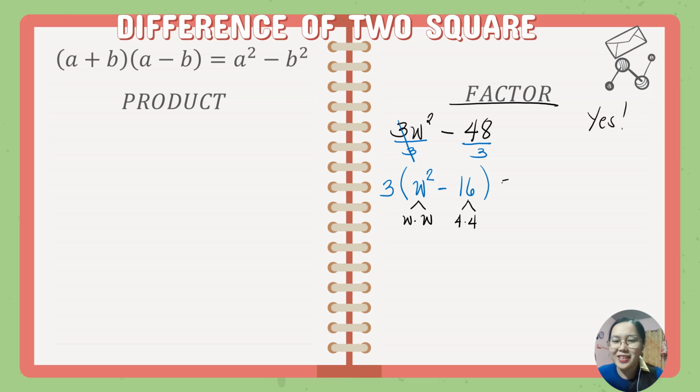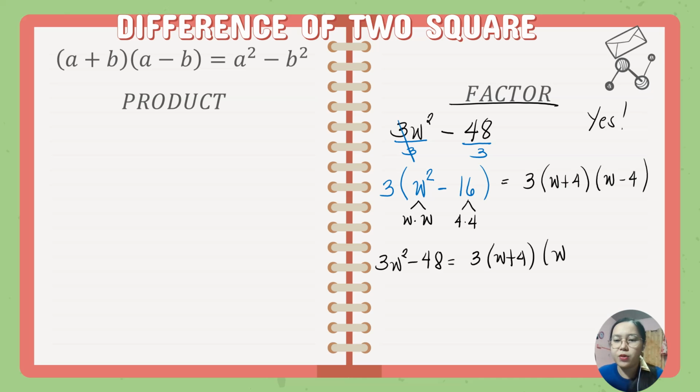Therefore, it is simply 3(w plus 4)(w minus 4). So we can write 3w squared minus 48 as equal to 3(w plus 4)(w minus 4). Just easy, right? And that is factoring the difference of two squares.